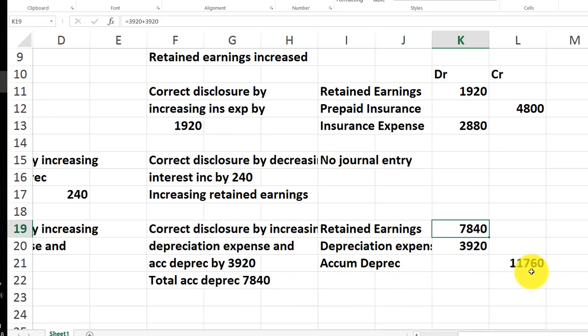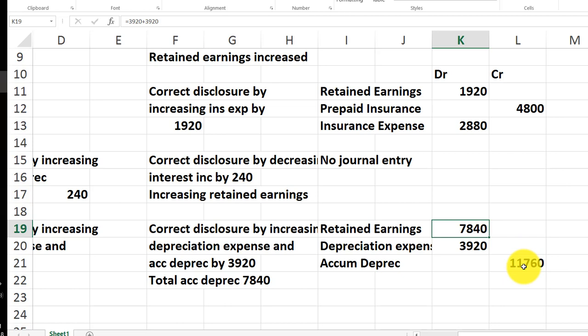So this actually requires a journal entry because the asset is still on our books. There needs to be a catch up. This is not reversed. And if you don't fix it here in 2018, it will continue to be wrong going forward. This accumulated depreciation needs to be caught up.